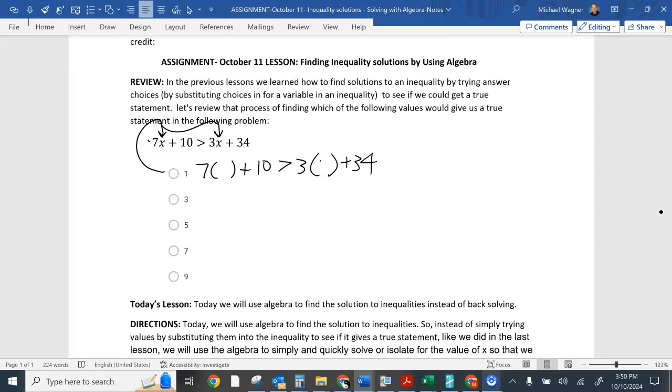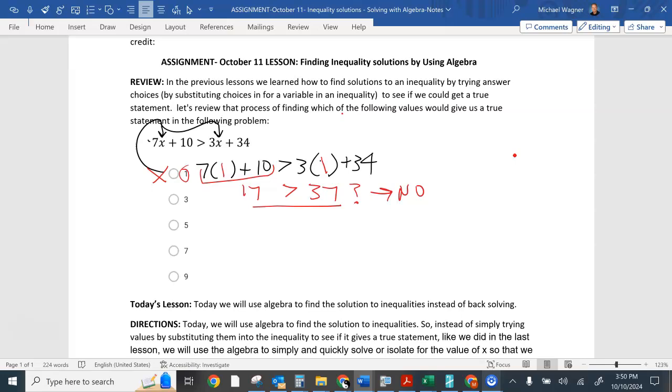Well, I take the 1, put it in, and calculate. 7 times 1 plus 10 is 17. Is that greater than 3 times 1, which is 3, plus 34? Is 17 greater than 37? No, so that's not a solution. So then I keep trying numbers.